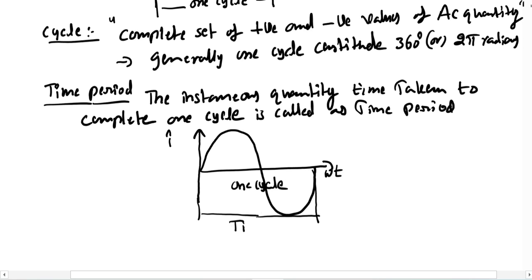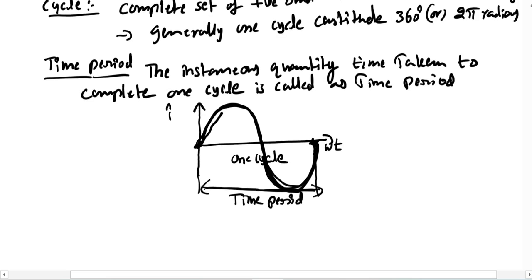That is called the time period. Time taken to complete one cycle from this point to this point.